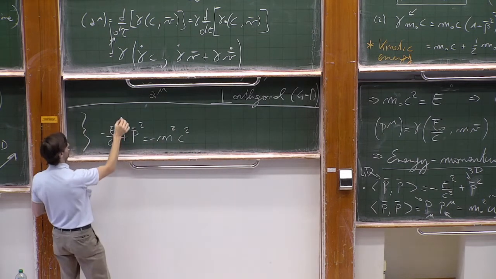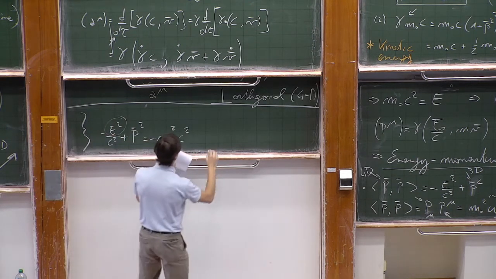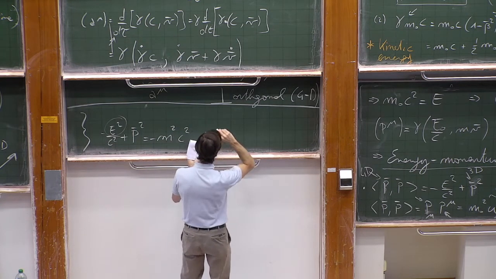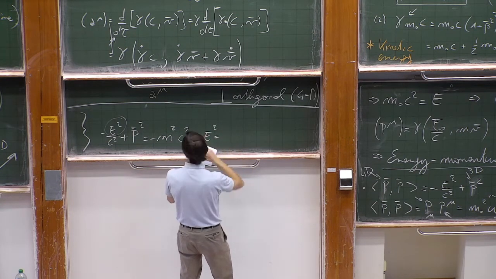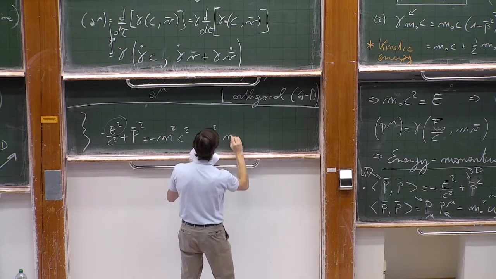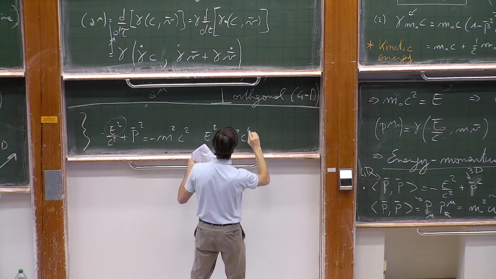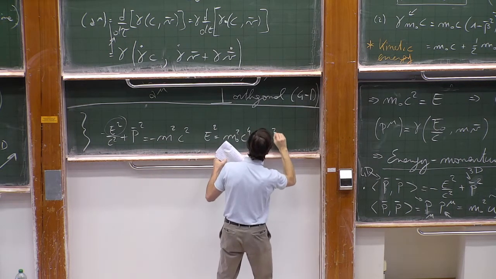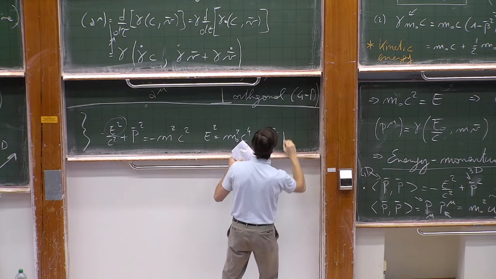And I can just isolate the energy of our particle: E squared is equal to m0 squared c to the power 4 plus c squared p squared.